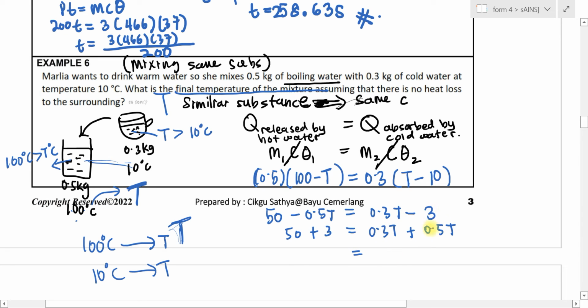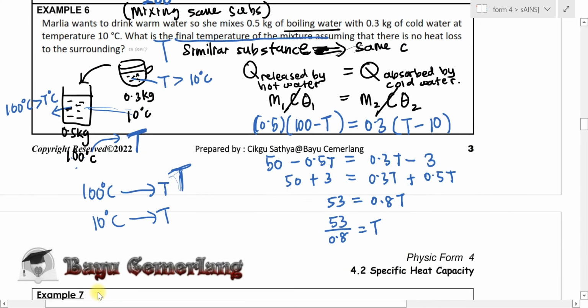So 0.3 plus 0.5, 0.8T equal to 53. So 53 divided by 0.8 equal to T. So what is the T? 66.25 degrees Celsius. Bagus. Got any question?